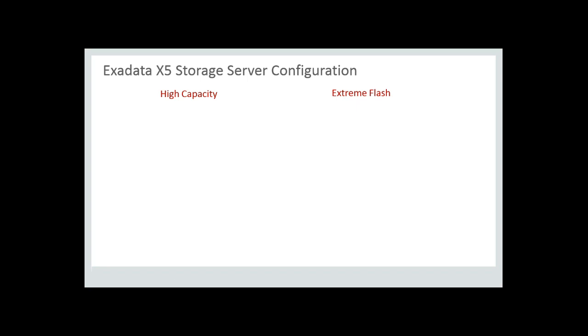So either you buy a high capacity machine or you buy an extreme flash machine. In case of a storage server configuration, it will be either high capacity or extreme flash. When you are initially buying an Exadata X5 machine, you can order either high capacity or extreme flash.